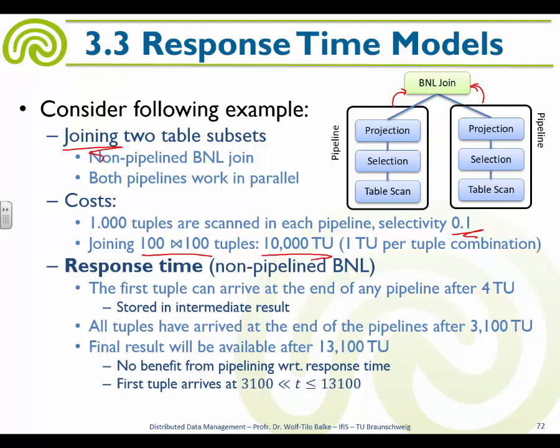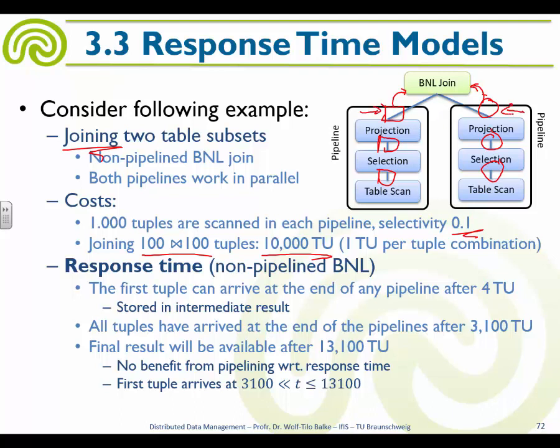Then the response time for the non-pipelined part, right? Non-pipelined means an intermediate result here, an intermediate result here, and then we have the full result, which goes into the block-nested loop, right? Same thing on this side. The first tuple can arrive at any pipeline after the 4 tuple units stored in the intermediate result, and we have to finish the whole thing, right?